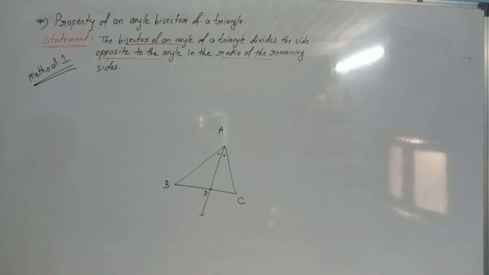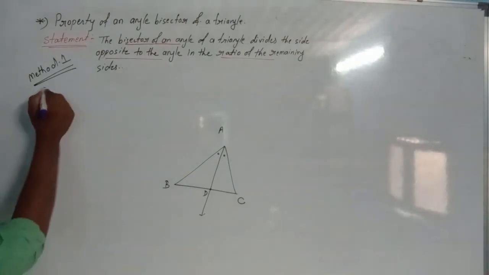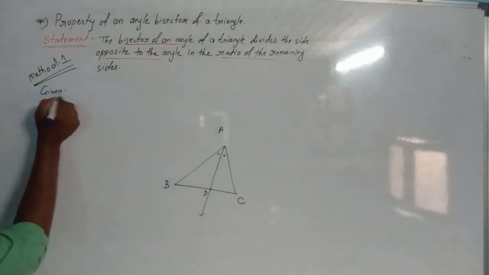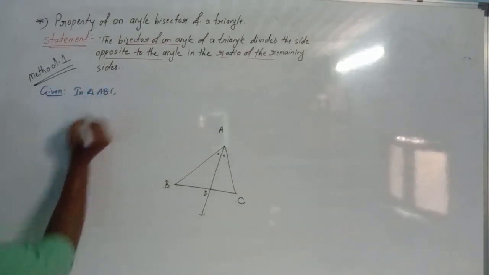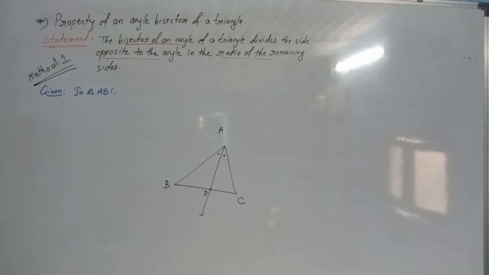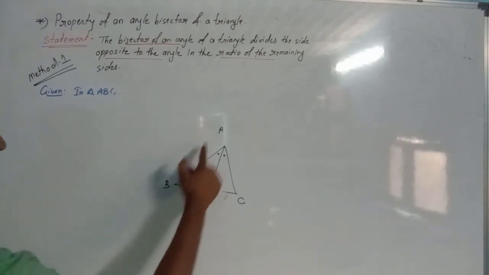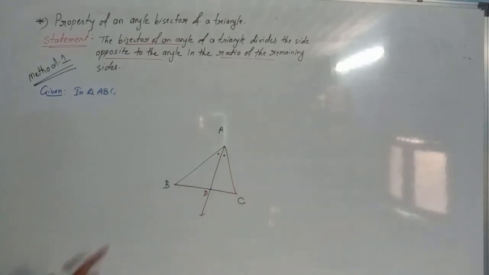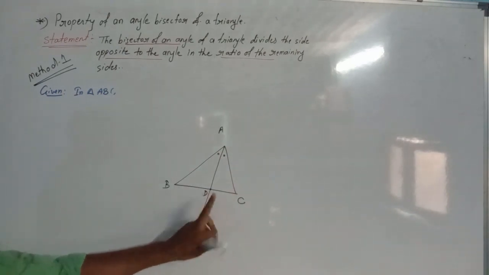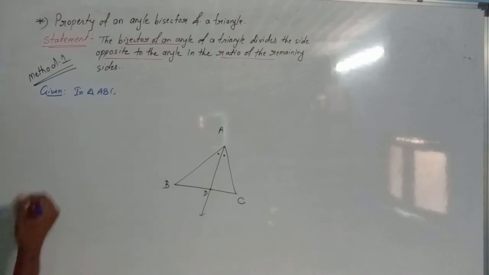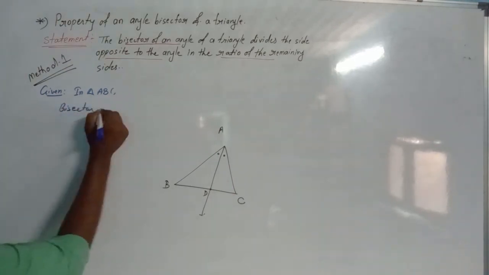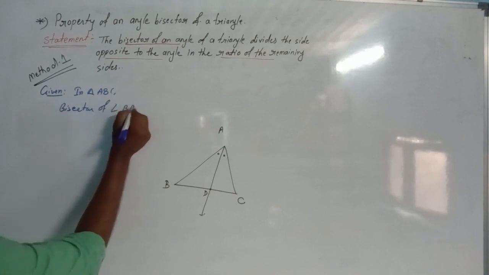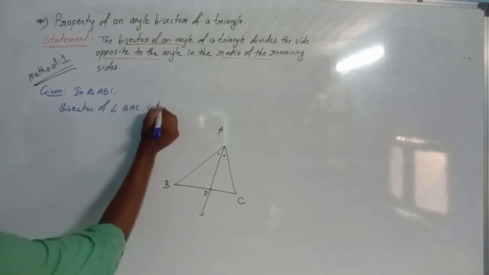So what is the given thing? First write the given. In a triangle ABC, the bisector of angle BAC intersects the opposite side BC at point D. Right.